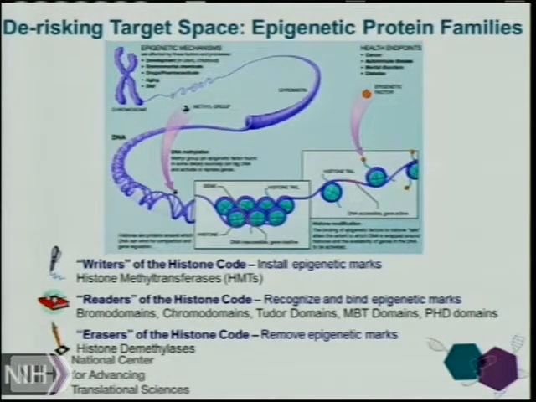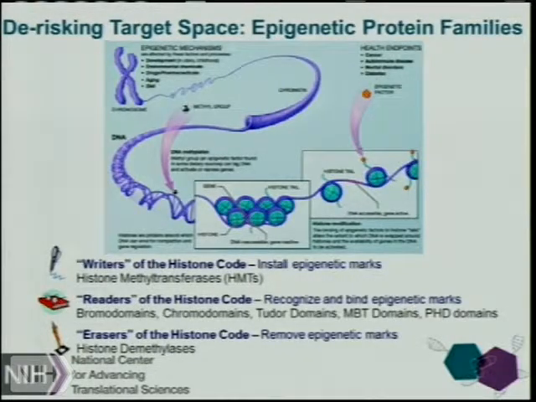So back when we started working in this area, there were practically no screening assays for any of these. There was no Constellation Pharmaceuticals, there was no Epizyme, there was no Agios, any of these companies that work in this field or near this field.